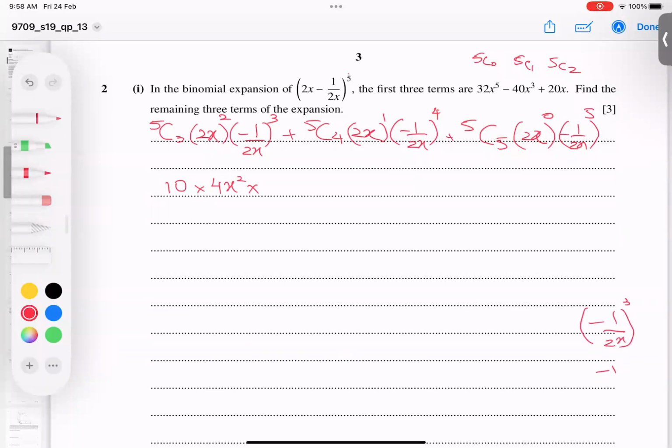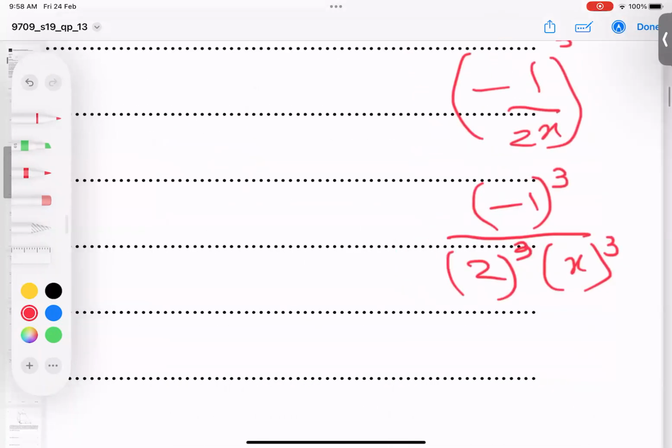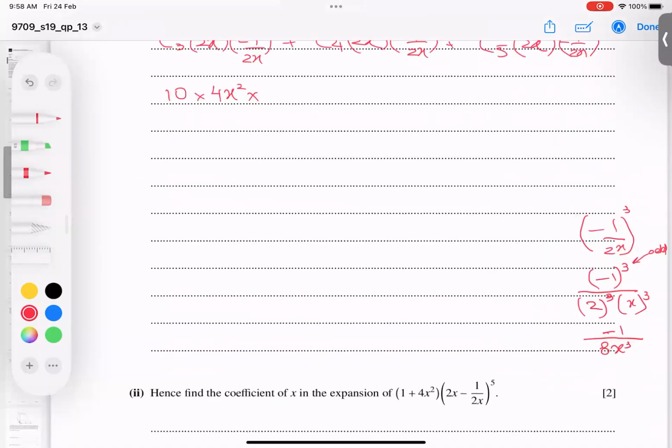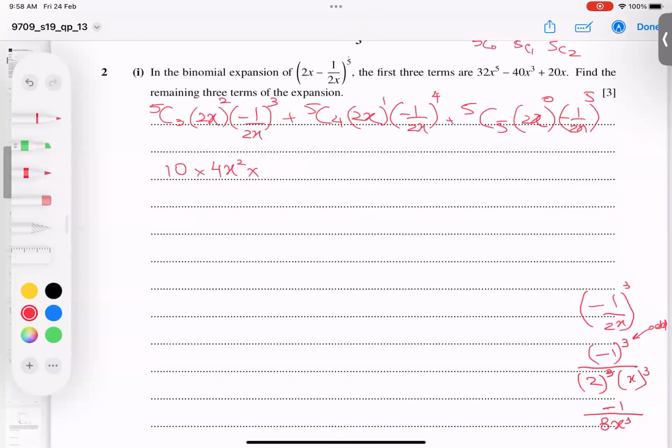This 3 goes on 1, minus 1, on 2 separately, and on x separately. When you simplify, with an odd power the negative will stay, with an even power the negative will finish. 2 to the power 3 is 8, and x to the power 3. This is my final answer, and what I'm writing now is minus 1 over 8, x to the power 3.